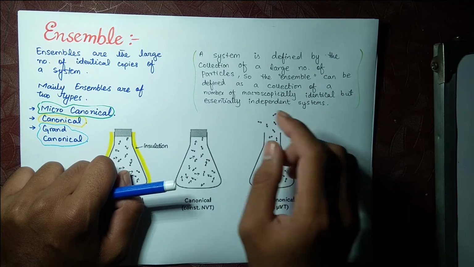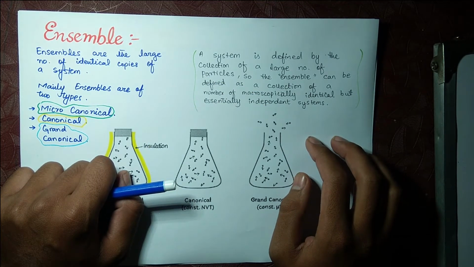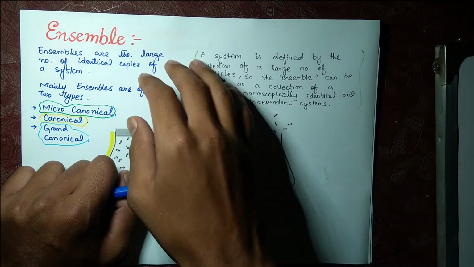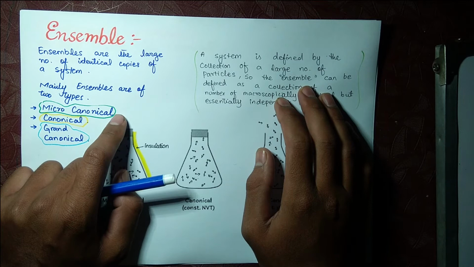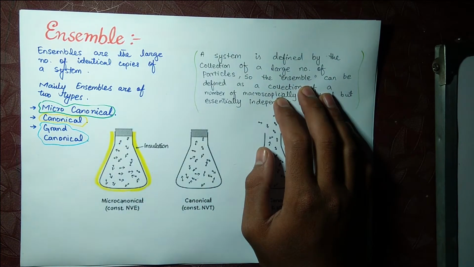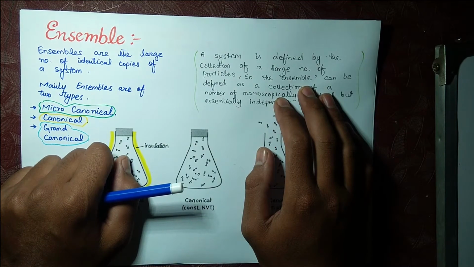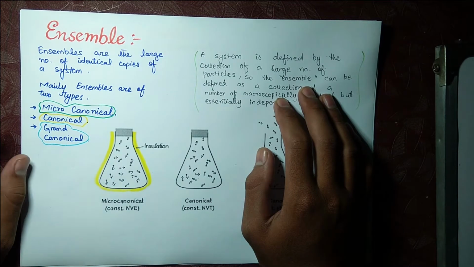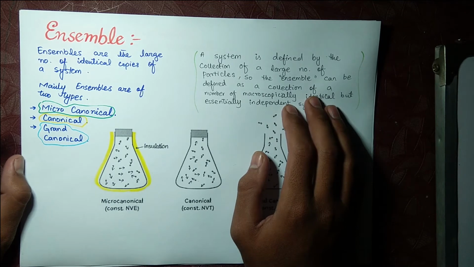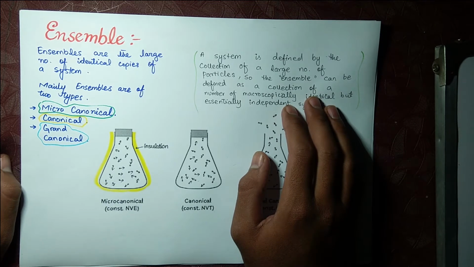To understand it, it is necessary to understand ensembles, because today we are going to move toward the statistical distributions. When you understand this ensemble, in the canonical or the grand canonical ensemble, in our next lectures we are going to make the partition functions, and from those partition functions we will calculate all the state functions like enthalpy, entropy, everything.